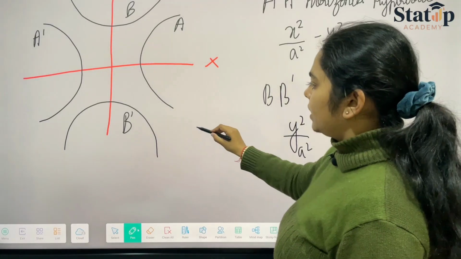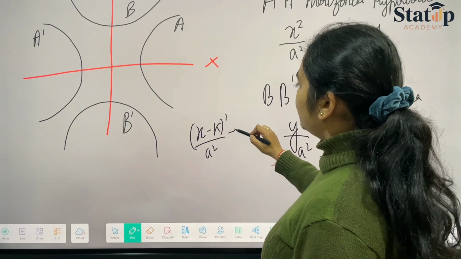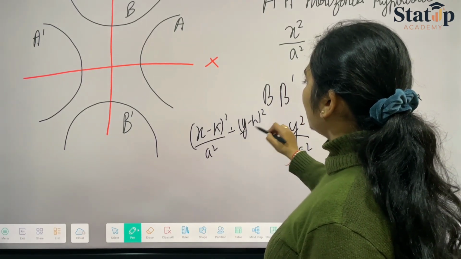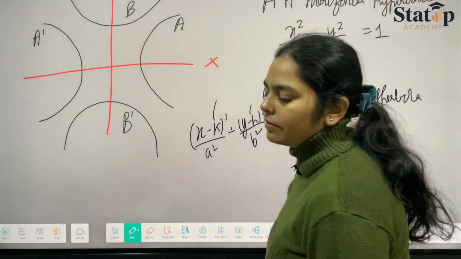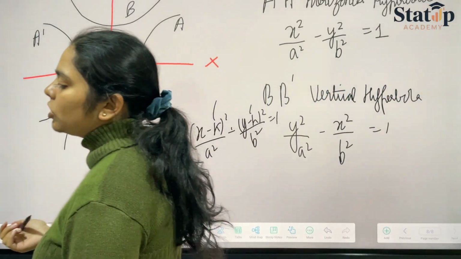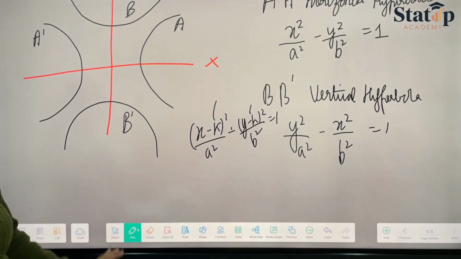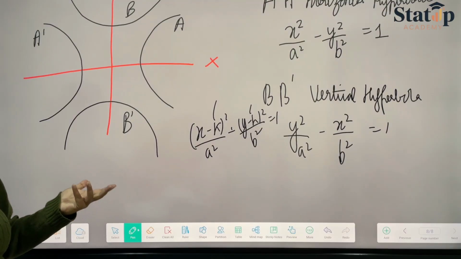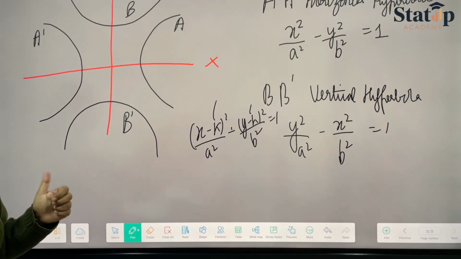This also can be taken as x minus k whole square upon a square minus y minus h whole square upon b square equals 1, where k and h are points on the x and y axis respectively. That also can be taken, but there is no use for this right now, so I'm just telling you the equation. So this is how we conclude that our formula is of a hyperbola.